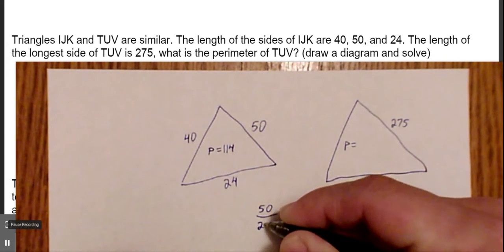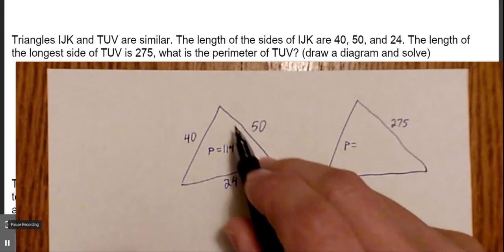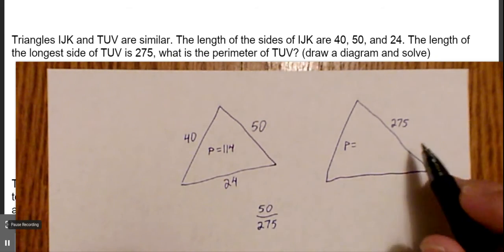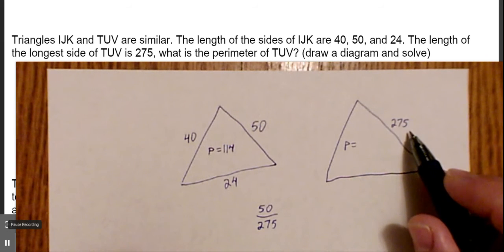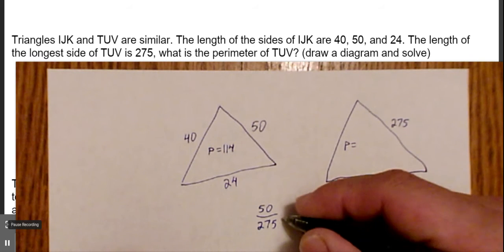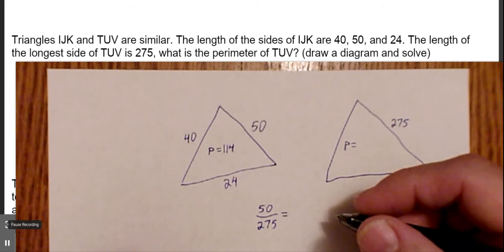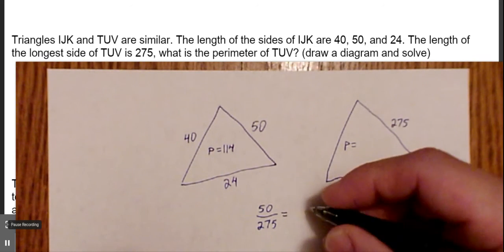The reason why I can make that is because in the problem they said the two triangles were similar, and since 50 is the longest side on this triangle, and they said 275 is the longest side on this triangle, they have to correspond. Now I'm going to set that equal to the ratio of my perimeters, which are going to follow the same ratio.